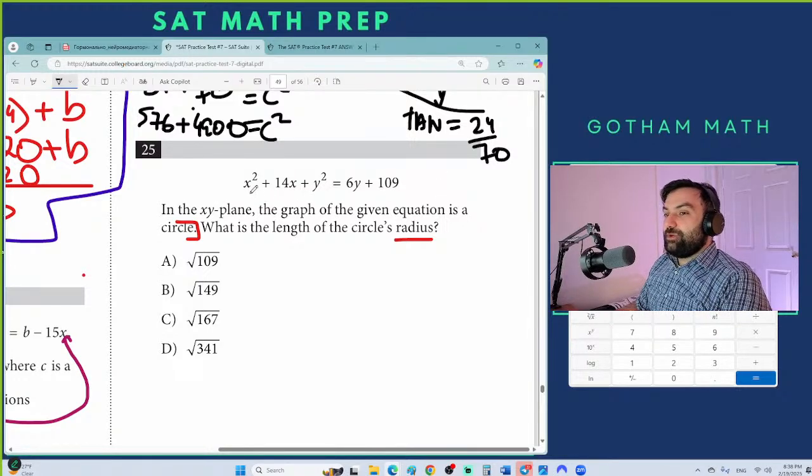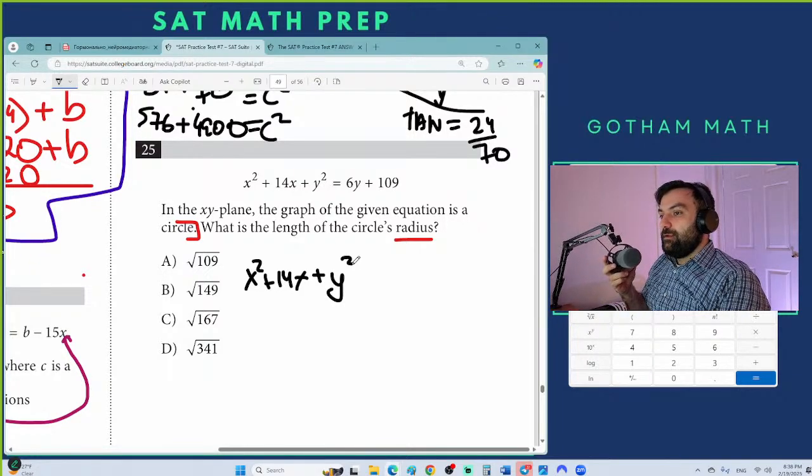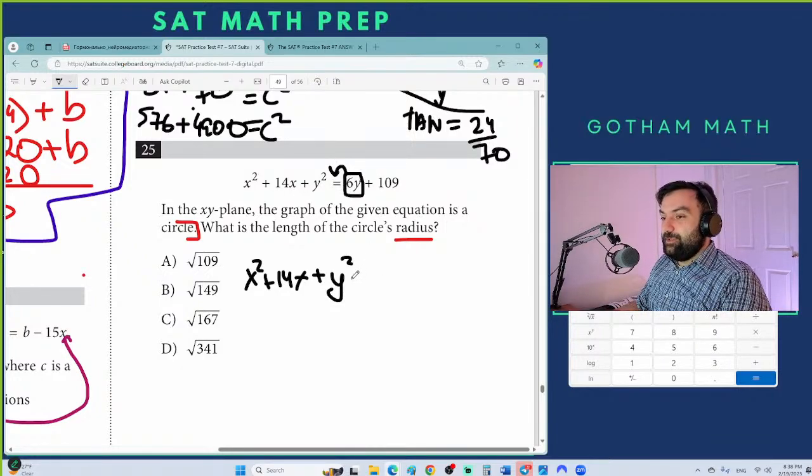I have to make sure that the x's stand first, one after another, and that the y's are after them. Right away I see that one of the y's is on the other side, so I have to bring it back, and I'm writing it as I bring it back. So it's minus 6y equals 109. What do I do now?